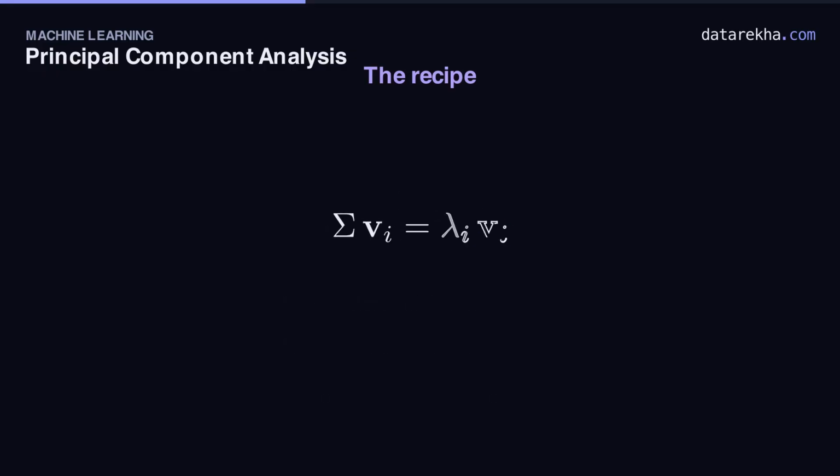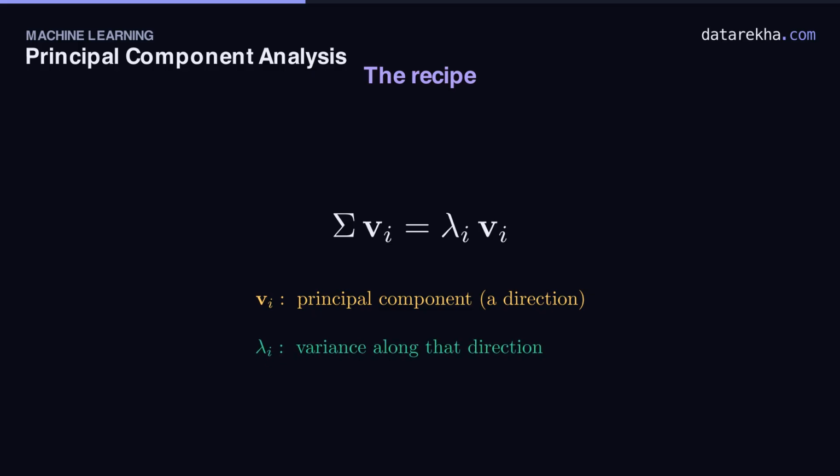Third, and this is the beautiful step, take the eigenvectors and eigenvalues of sigma. Because sigma is symmetric, its eigenvectors come out perpendicular, exactly the ranked axes we were hunting for. Each eigenvector is a principal component, a direction, and its eigenvalue is the variance the data has along that direction. Big eigenvalue, big spread. The eigenvectors point the way.